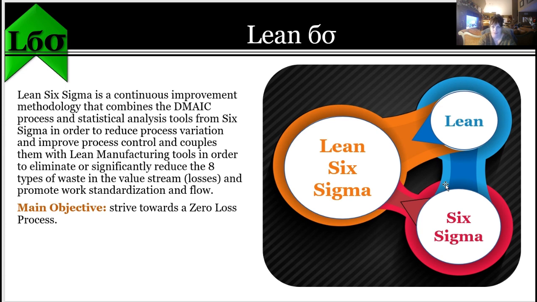The losses, the waste, the defects, the things that are eating our lunch, the invisible and the visible losses, and promote work standardization and flow. The main objective is to strive towards a zero-loss workplace, a zero-loss factory.